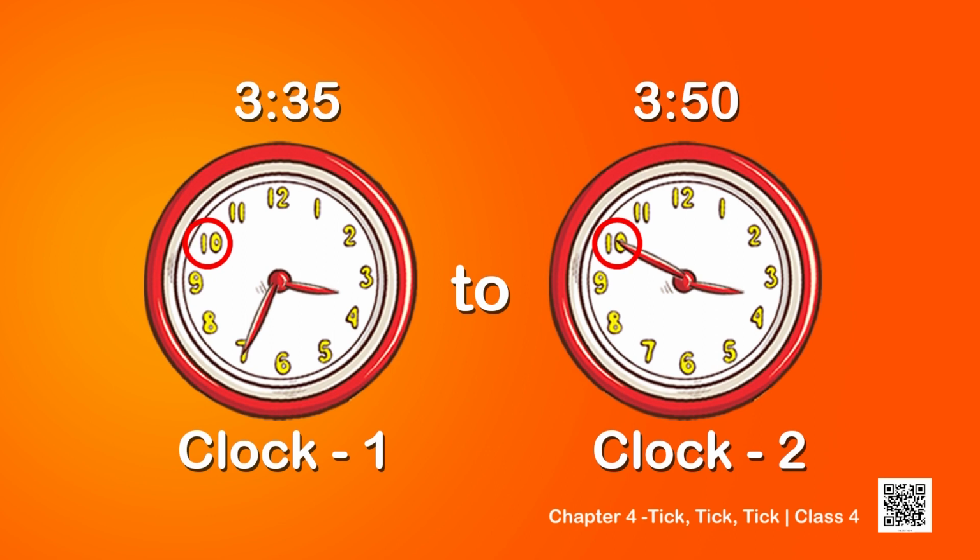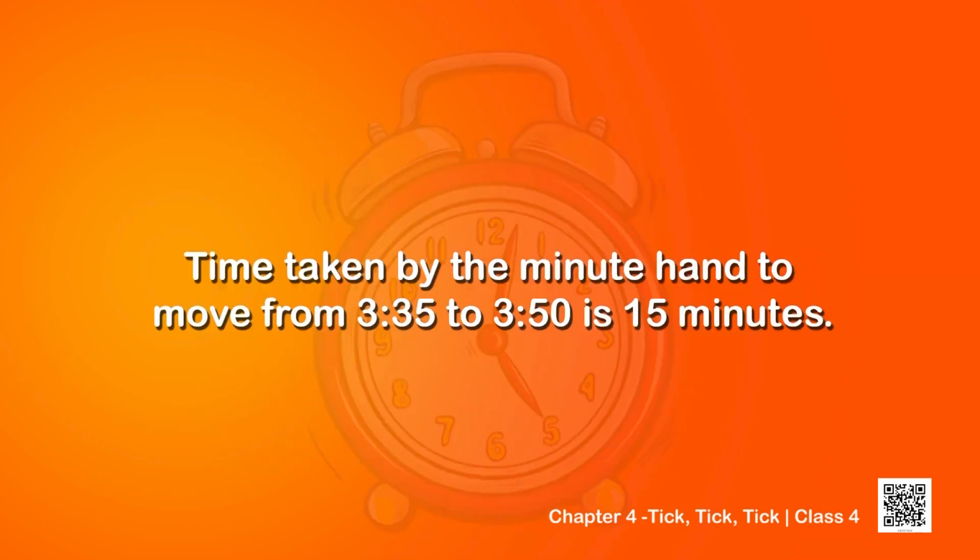That is 3 main divisions, which means totally it has moved 15 small lines, which means 15 minutes. So, the time taken by the minute hand to move from 3:35 to 3:50 is 15 minutes.